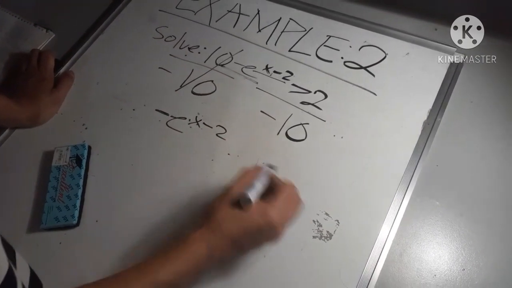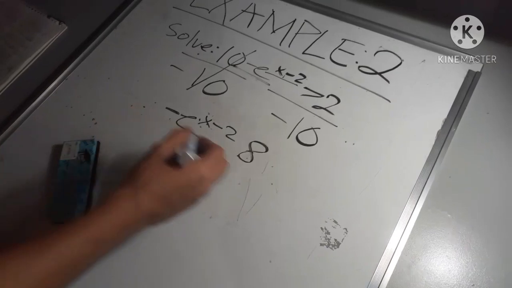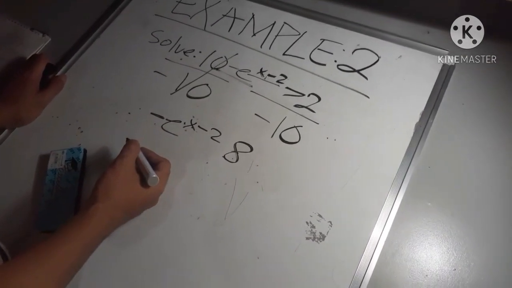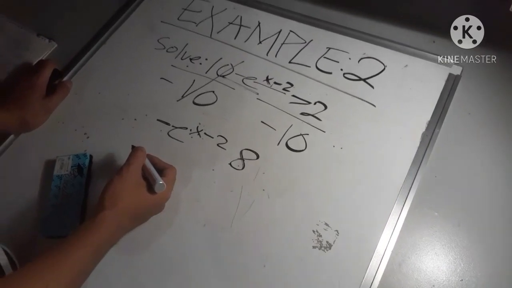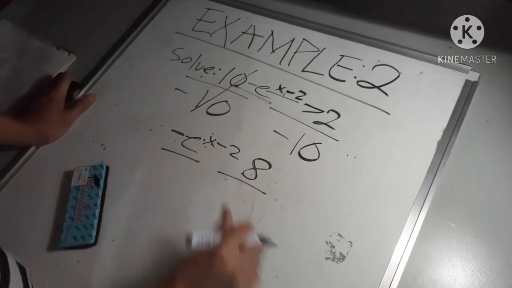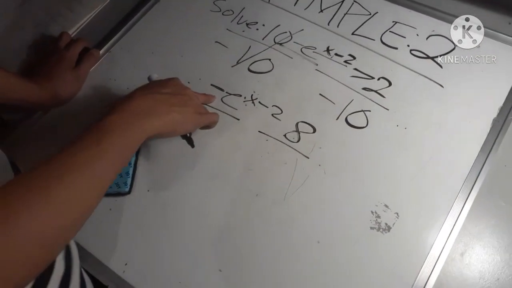So we need to put the 8 here. And then, in the next step, we need to divide each side by negative 1 because of the negative e.